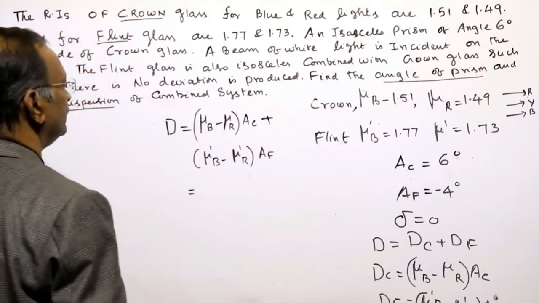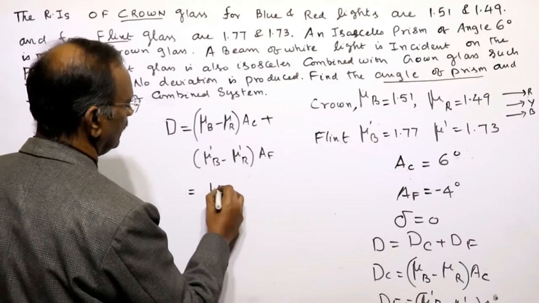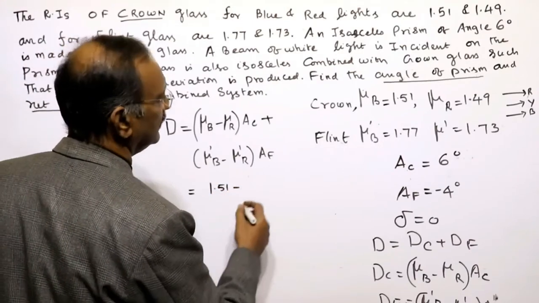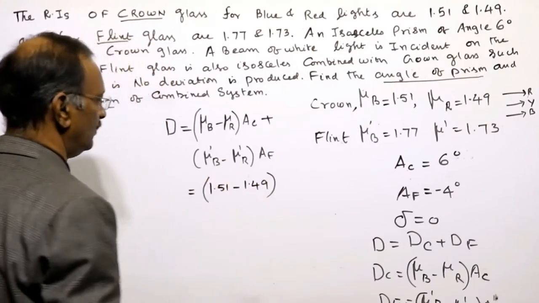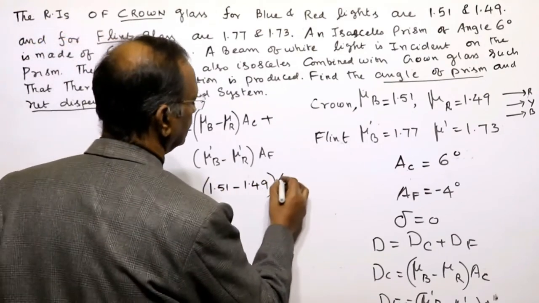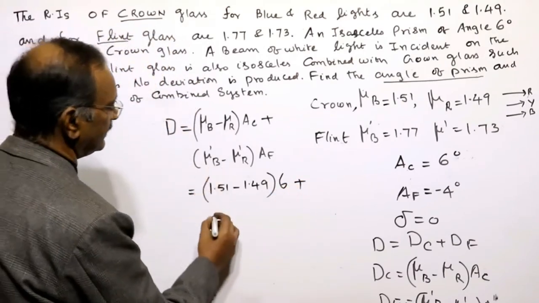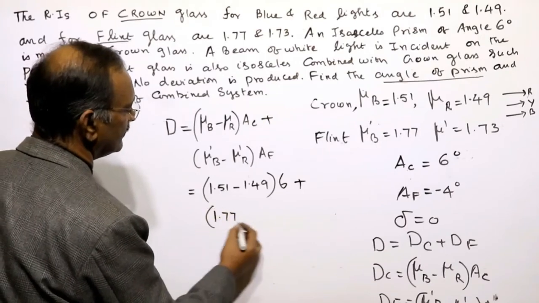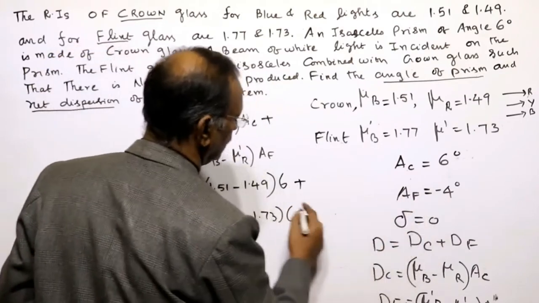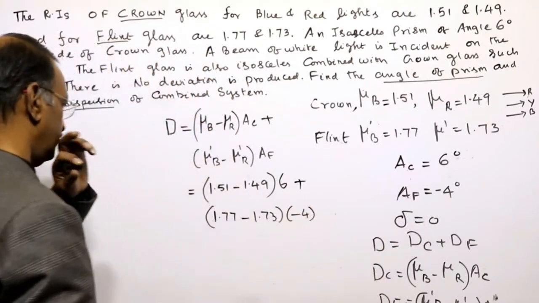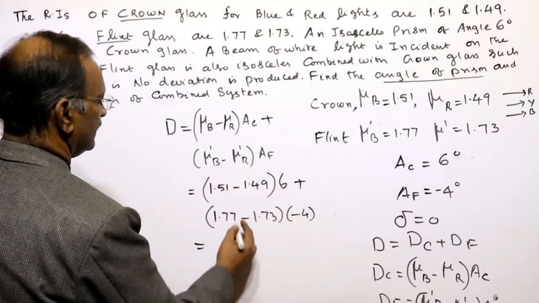So this is equal to mu b is 1.51 minus mu r is 1.49, into A C, where A C is equal to 6, plus mu b dash is 1.77 minus 1.73 into A C dash, which is equal to minus 4.